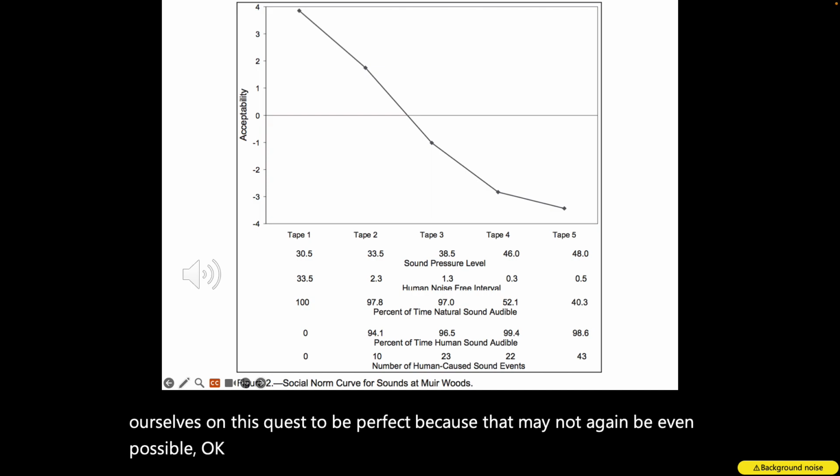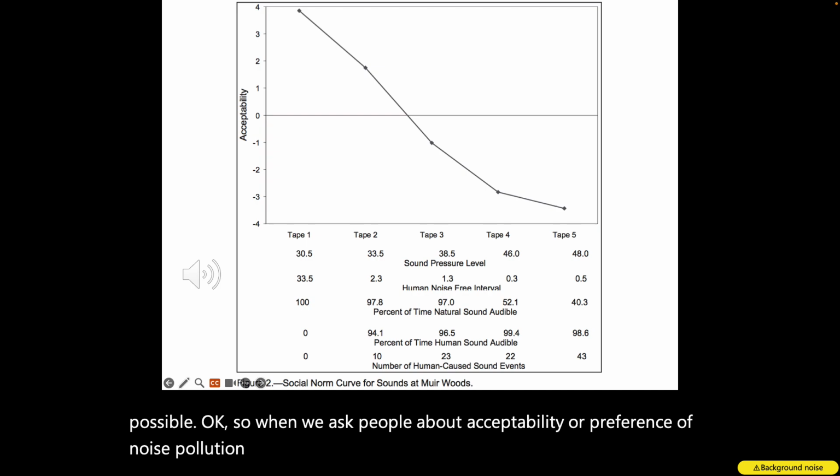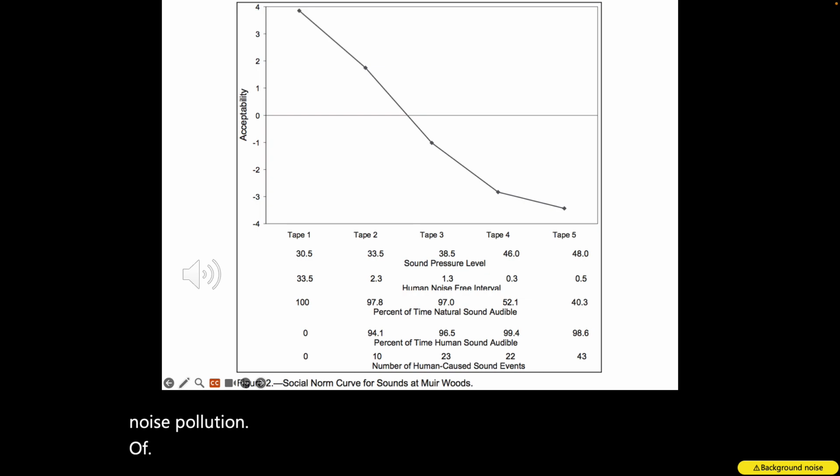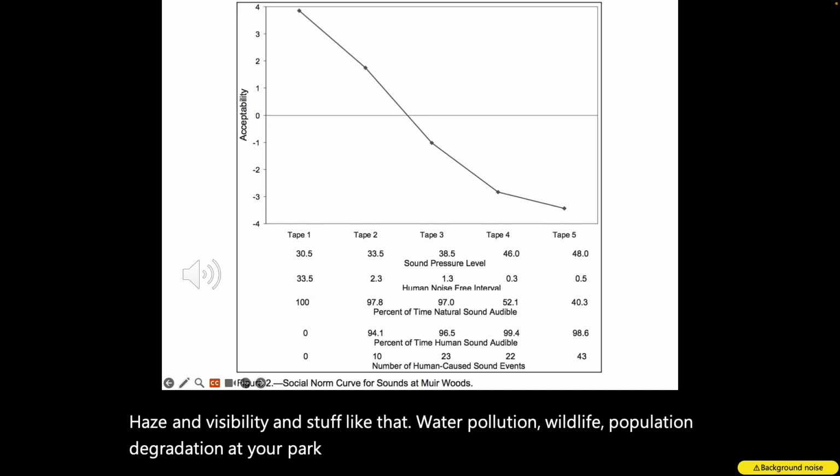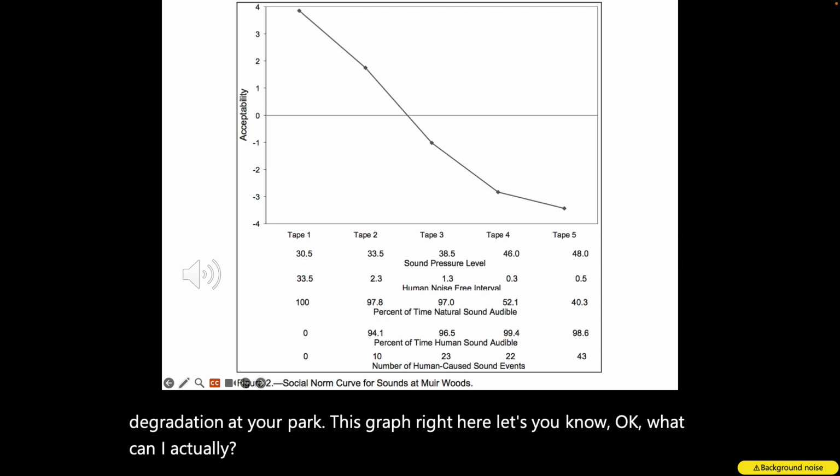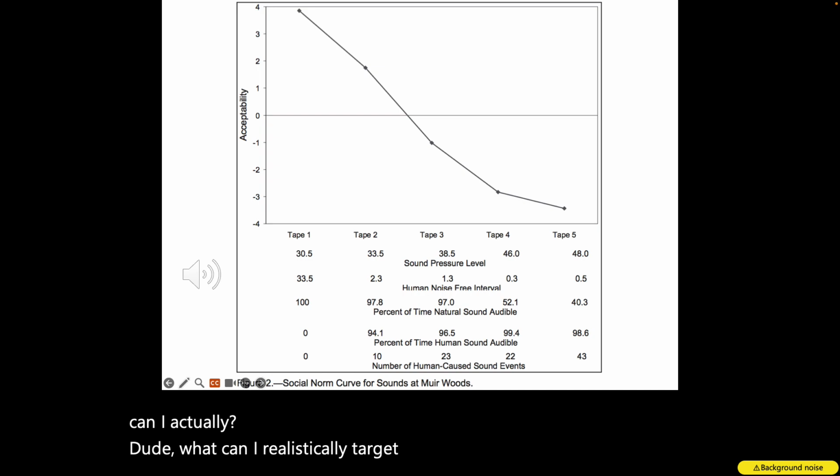So, when we ask people about acceptability or preference of noise pollution, of haze and visibility, stuff like that, water pollution, wildlife population degradation at your park, this graph right here lets you know, okay, what can I actually do? What can I realistically target? And what can I get away with?